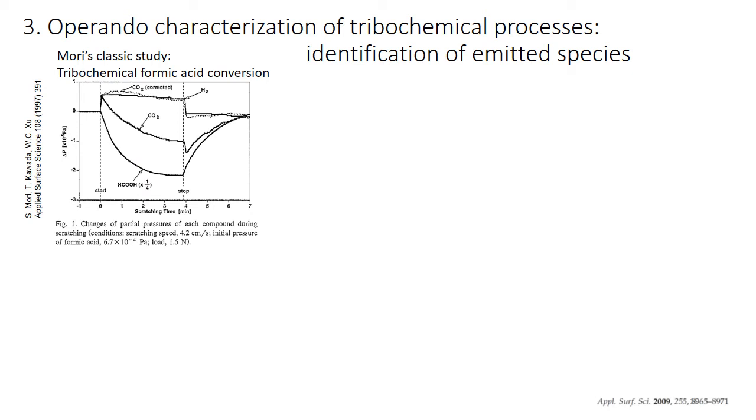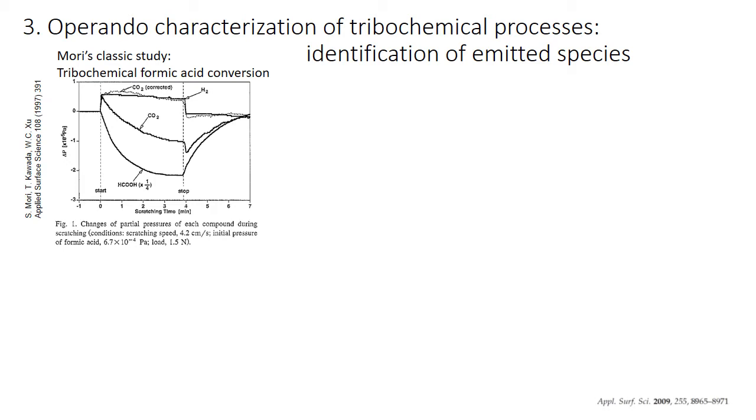Well, identifying these emission species is not really an easy task, as many researchers may think, and I would like to first mention Morris's classic study, where he used the system shown on the previous page to study tribochemical formic acid conversion on a steel surface under friction.